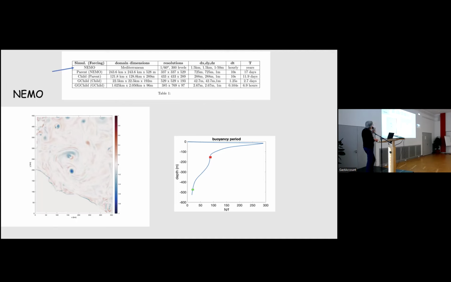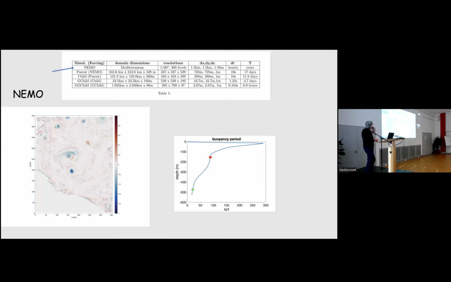And so here is the first level of nesting. We've taken a box, oriented it parallel to the coast of Libya. NEMO had a horizontal resolution of 1.5 kilometers and 1 to 50 meters in the vertical. One thing I should say is that for all of our nests, the vertical resolution is the same, 1 meter.